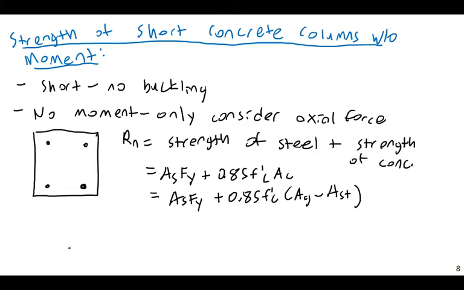That's the theoretical way to handle the actual nominal capacity of these columns. On the next slide, I want to go into the code approach. The code approach here is to say that for tied columns, here's what you'll find in the manual.